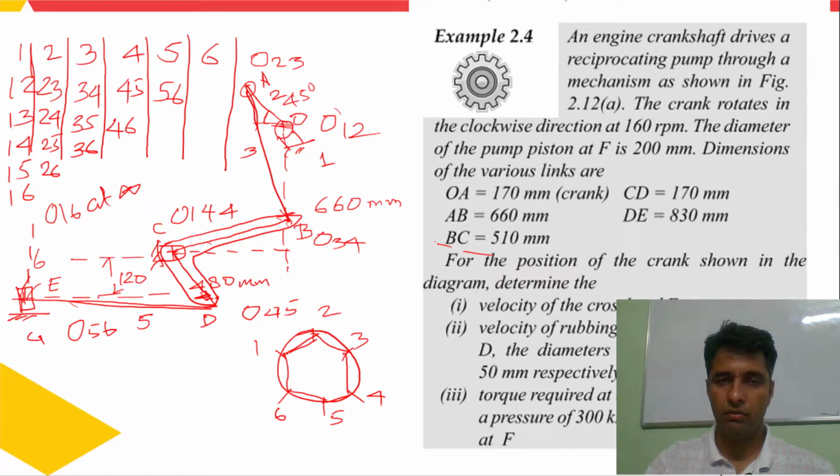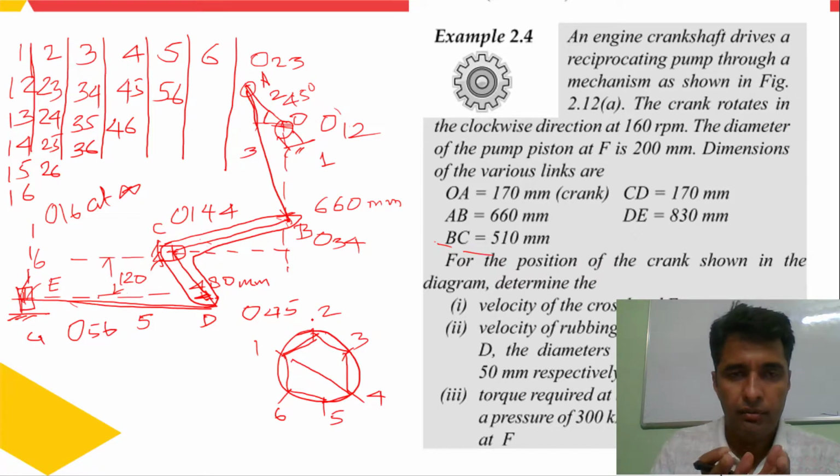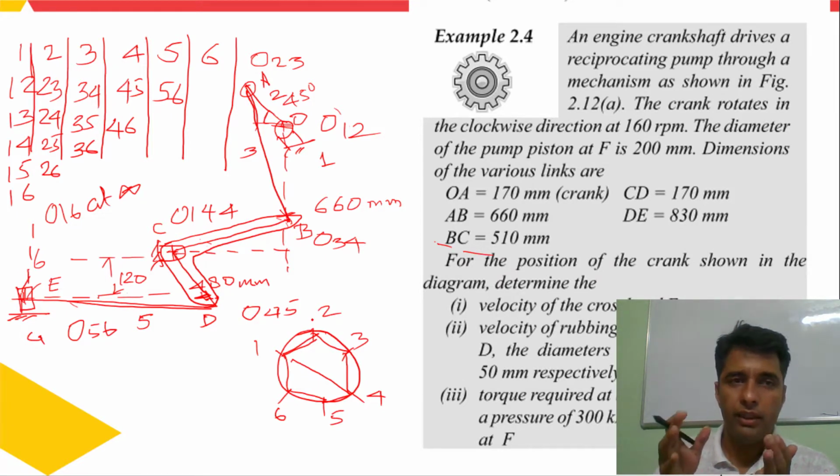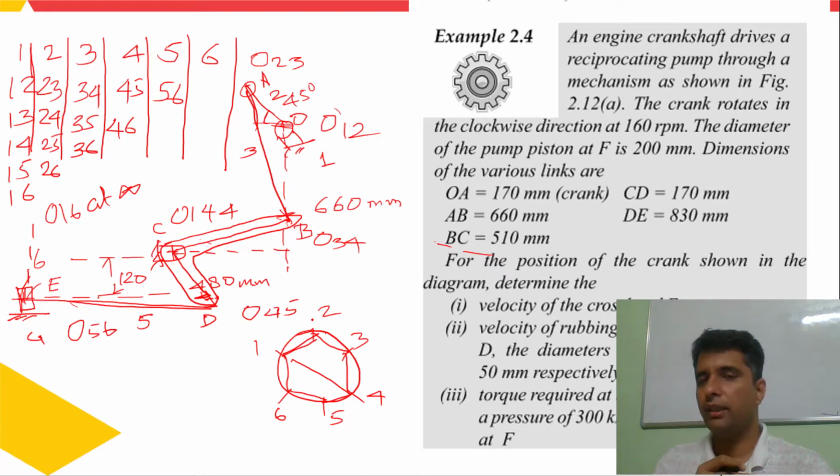At the same time, I also know 1, 4, so I am joining 1 and 4 by a solid line as well. By doing so, we have completed half the problem: by observation we can find the centers which are possible, and the remaining centers can be found using a detailed methodology, or you can say the Kennedy theorem, that I will explain in my next video. All the best.